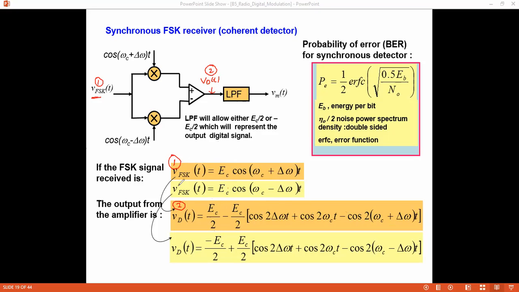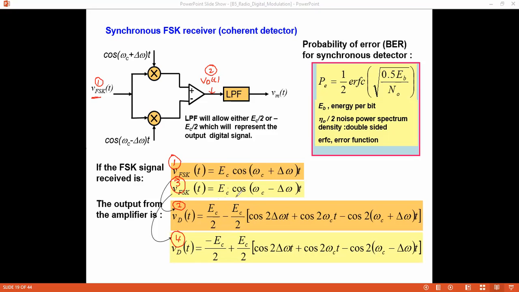If we are transmitting number 3, which represents bit 0, at VDT you'll get number 4, and after the LPF you get minus EC over 2. So this positive voltage will be translated into bit 1 and negative into bit 0.